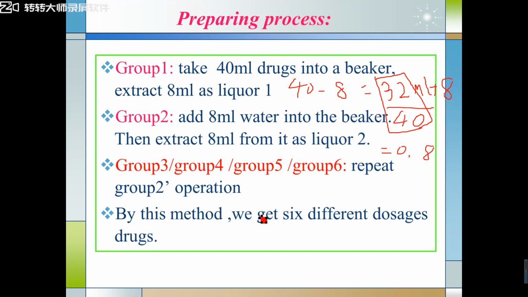By this method, each group adds 8 milliliter of water to dilute the drugs at the ratio of 0.8 and then extracts 8 milliliter of drugs as your group's drugs. We repeat this method, and by this method we get 6 different doses.